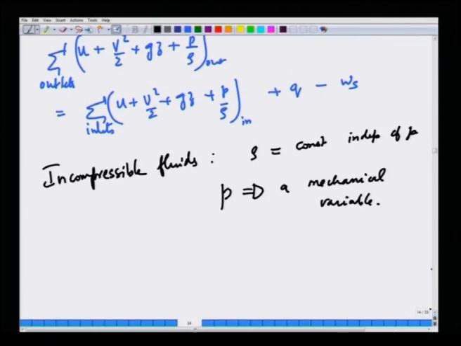So, it is often convenient to keep all the mechanical quantities together and to move the thermodynamic quantities.